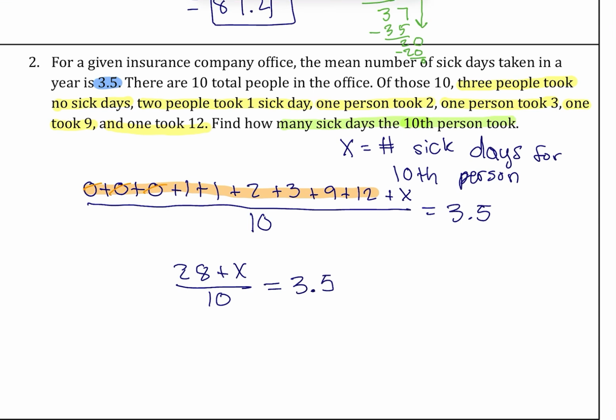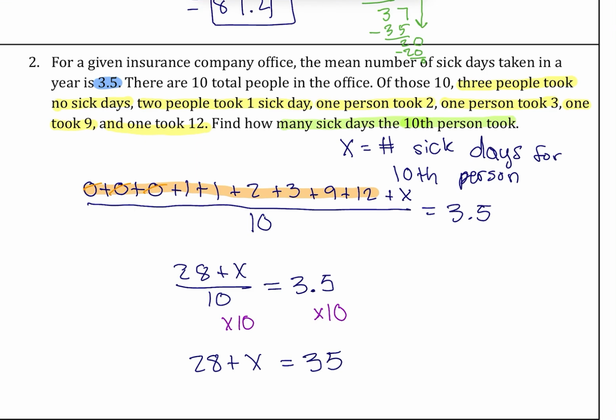The next thing we can do is we want to get rid of this divided by 10. So we're going to multiply both sides of the equation by 10. That is going to get rid of the divided by 10 on the left side of the equation and leave us with 28 plus x. 3.5 times 10 becomes 35.